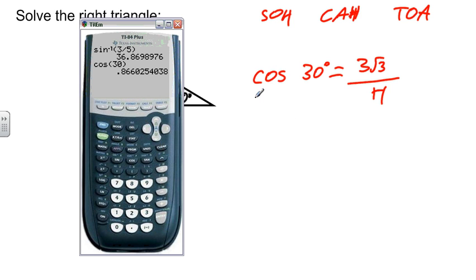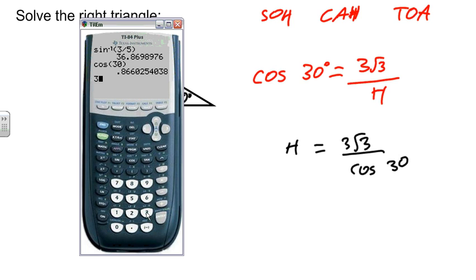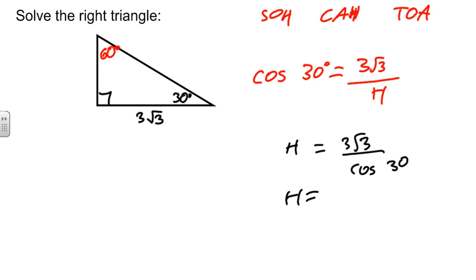Then we have to cross multiply. Since we're trying to solve for h, we're really going to end up doing 3 square root of 3 divided by cosine of 30. And we get 6. So the hypotenuse is 6.